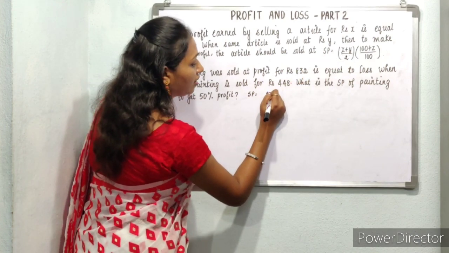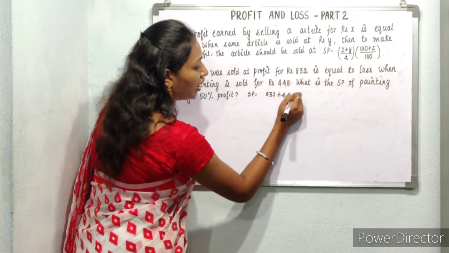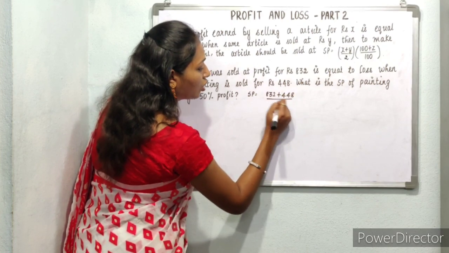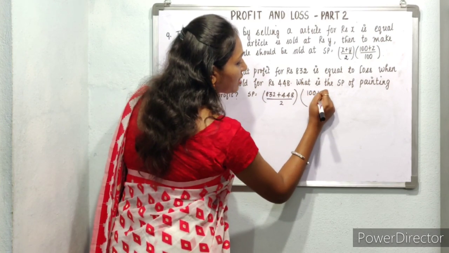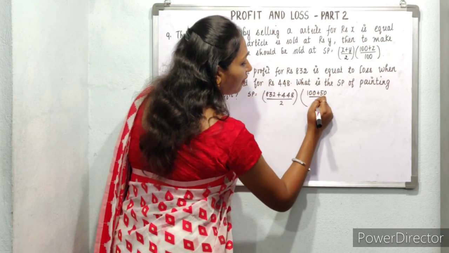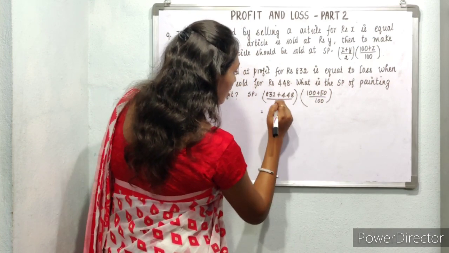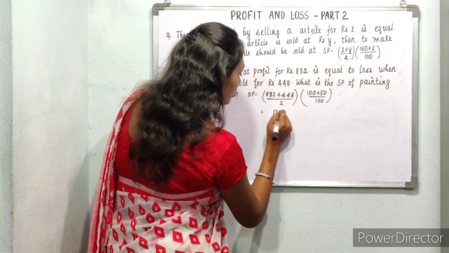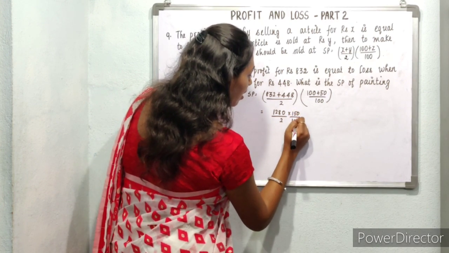X is 832 and the value of Y is 448, divided by 2 into 100 plus profit 50 divided by 100. So when you solve it, you will get 832 plus 448 by 2 into 150 by 100.